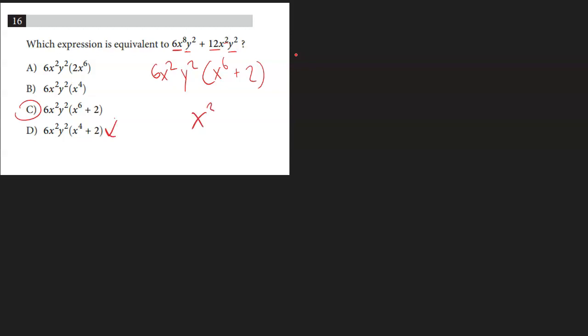When you're doing x to the 8th and you're dividing it by x to the second, you don't actually divide the exponents, you subtract them. So that's why it's x to the sixth, because it's 8 minus 2, not 8 over 2.